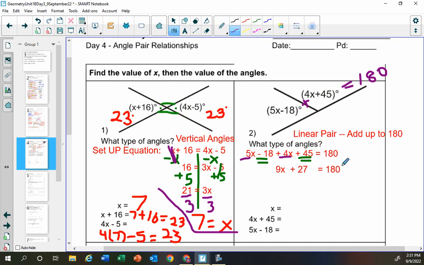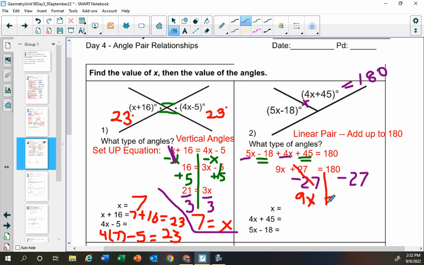Good. That's the next step. Very good. Minus 27. It's gonna be 153. And 9x is going to be 153. The 27's knock each other out. So you're gonna divide 9 to both sides.